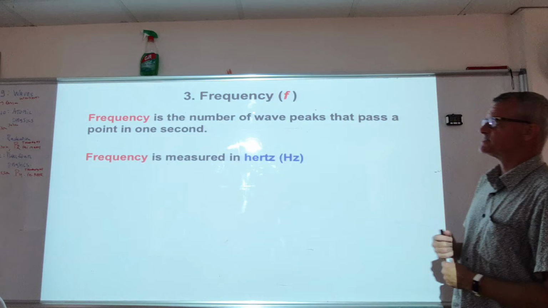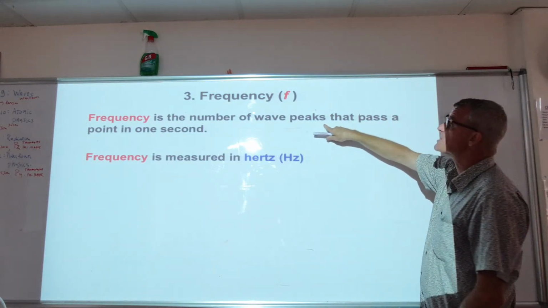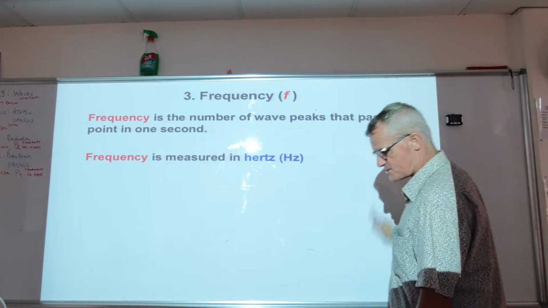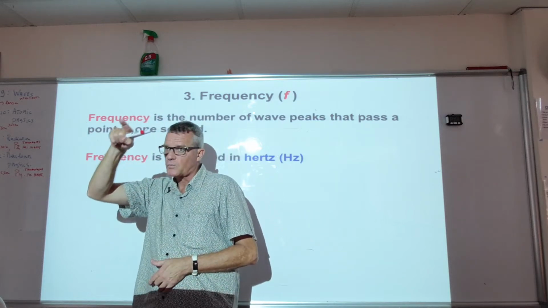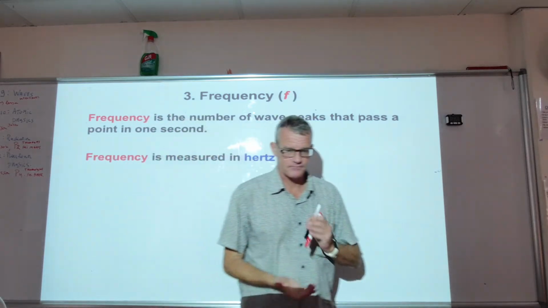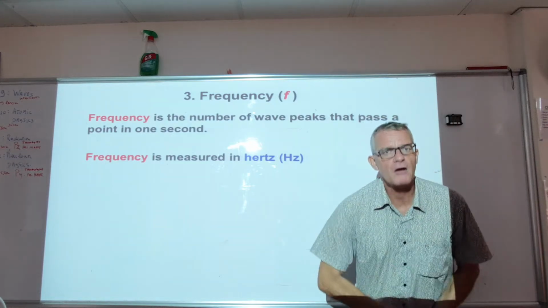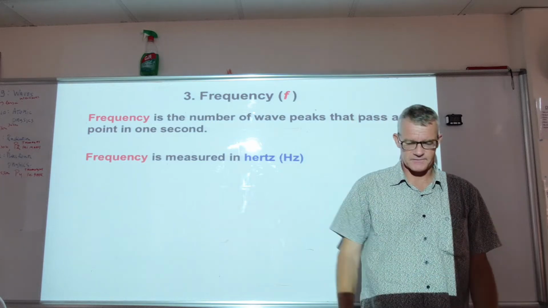Frequency is the number of wave peaks that pass in 1 second. Or we may say it is the time taken for one wave. Or we may say it is the amount of vibration in 1 second.